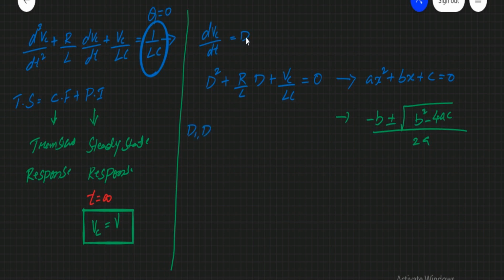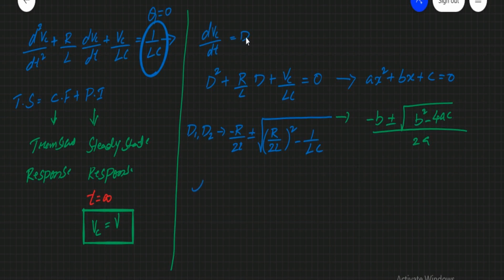D1, D2 becomes minus R by 2L plus or minus under root of R by 2L whole square minus 1 by LC. So these are the factors for this second order differential equation.